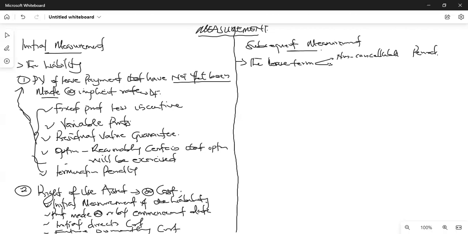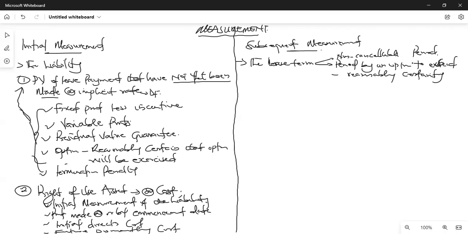Here the key is that it has to be reasonably certain.